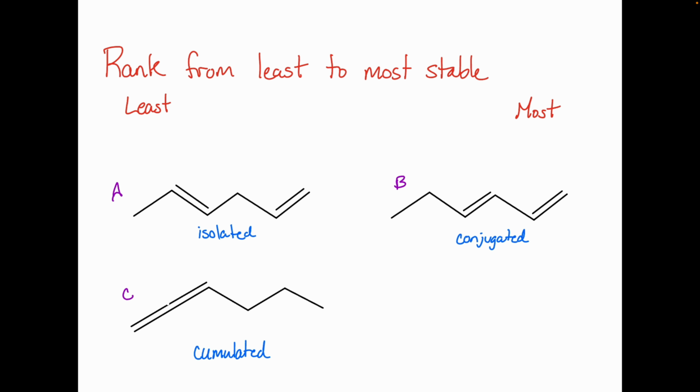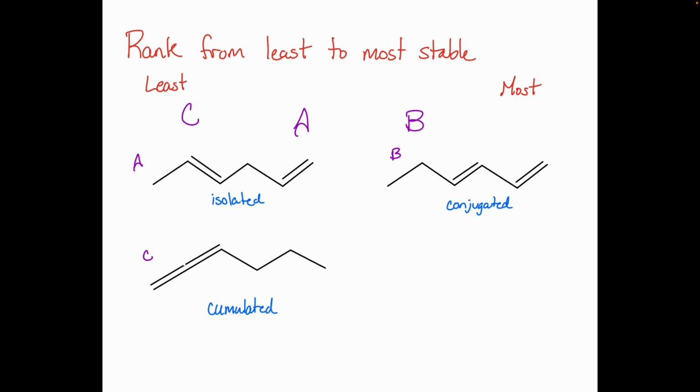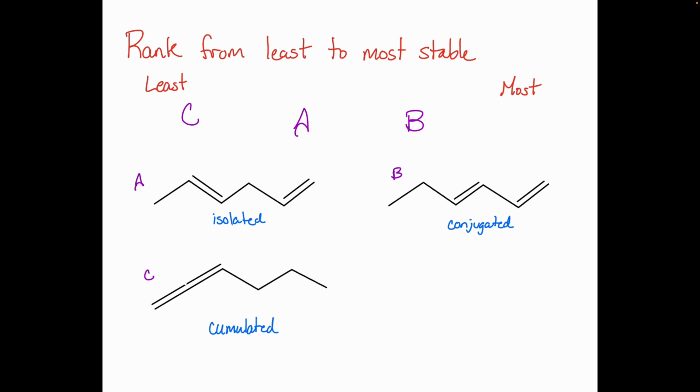So then what would be the least stable? Cumulated, followed by isolated, followed by conjugated. Okay, great. So again, the most important factor is going to be our classification of our dienes. All right, but now I'm going to throw another one in there.